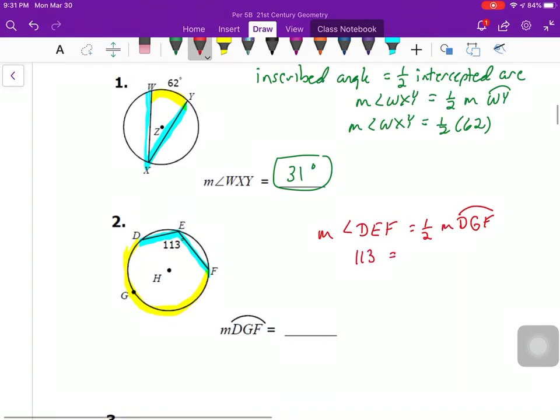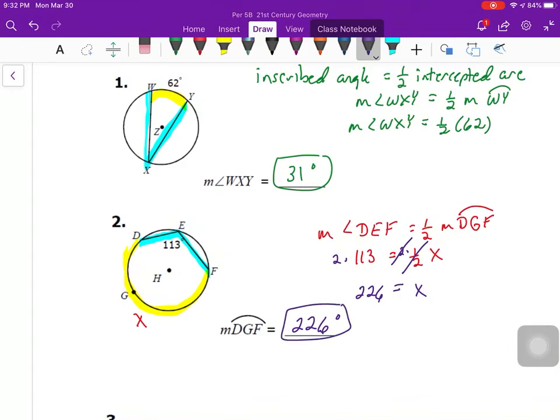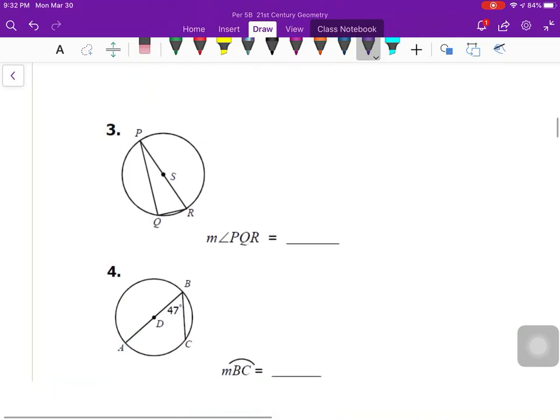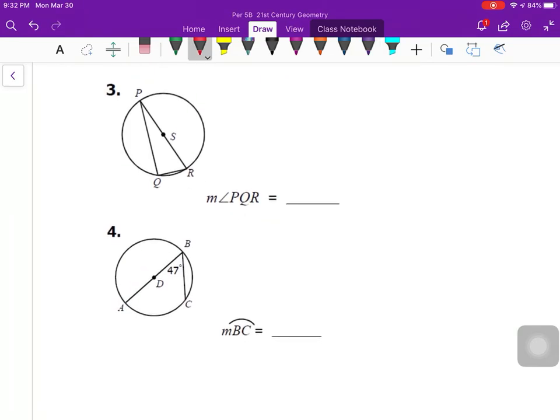So the measure of the angle is equal to half of the arc, but this time they gave us the measure of the angle and they asked us to find the measure of the arc. Well, the easiest way to solve this, we learned back in Algebra 1, is to multiply both sides by 2. So I end up with x equals 226. When we're given an inscribed angle and asked to find the arc, we multiply the angle by 2 to get the arc. When we were given the arc and asked to find the angle, we take half the arc to find the angle.